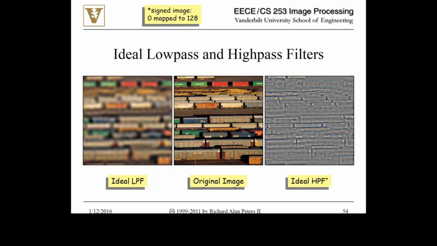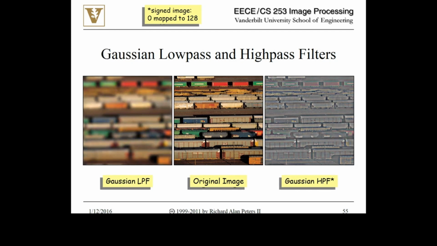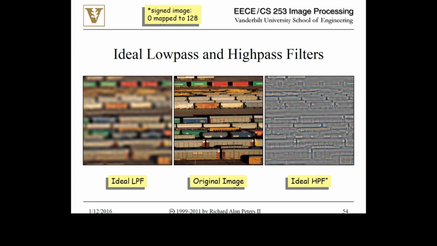So you may notice, particularly here, it is particularly visible, there is a kind of ringing. You see that there are kind of waves on top that disappear when you go to the Gaussian low-pass filter. You see? So this is the ringing by the ideal low-pass.